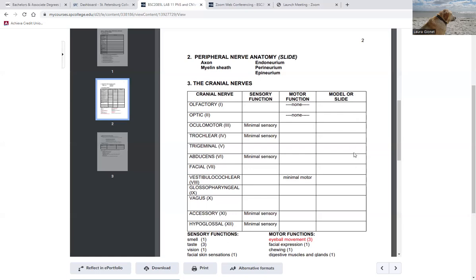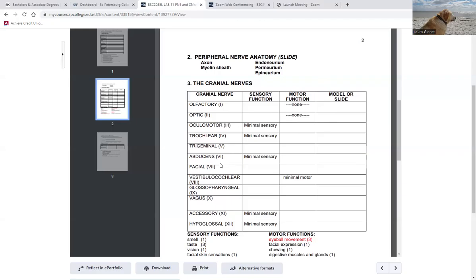So over here, I make note of what the model or the slide is that's going to be representative of sensory or motor functions for these different cranial nerves. And that's the part that gets a little bit hairy. So you have to work on what you can for this quiz, the basics of it. And then by next week, when we get into more of the special senses, because a lot of the special senses are conveyed on cranial nerves, then it will come together a little bit more.